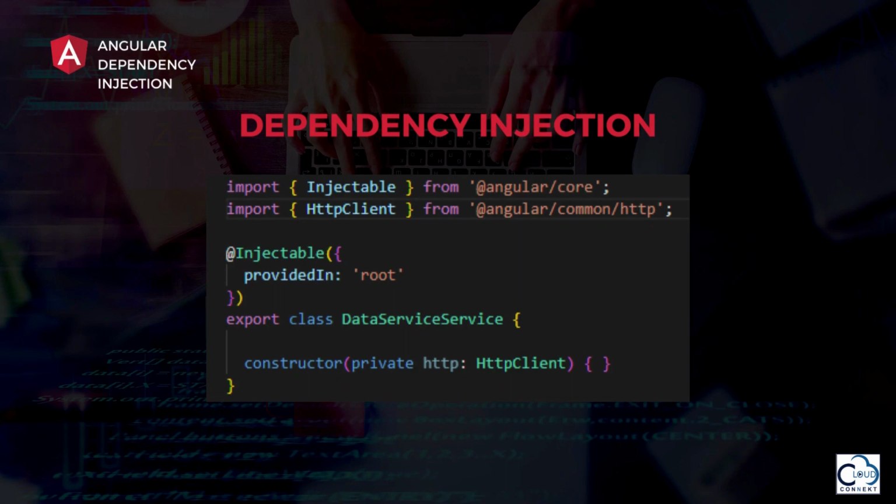In this example, the HTTP client is defined as a provider by importing it from @angular/common/http and specifying it as a constructor parameter in the data service. The @Injectable decorator is used to tell Angular that this class can be injected as a dependency.